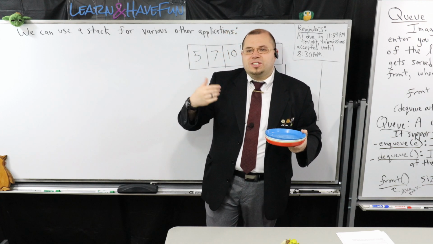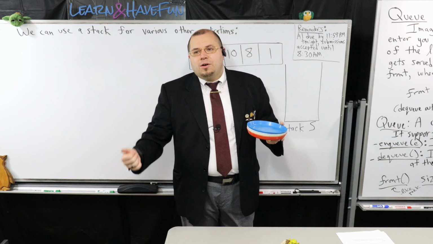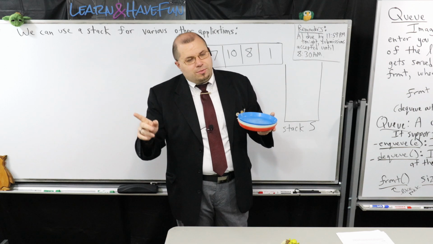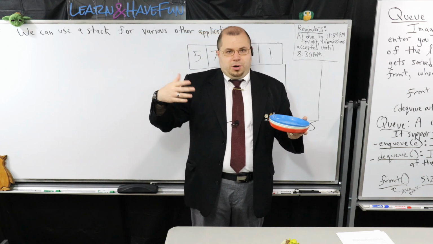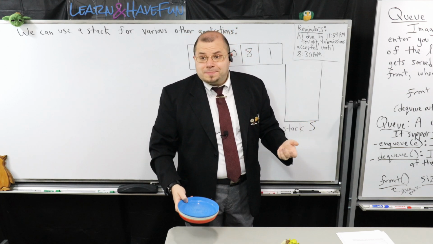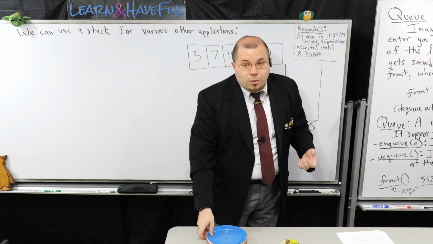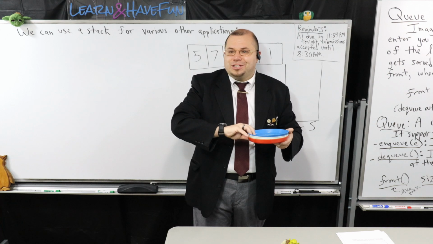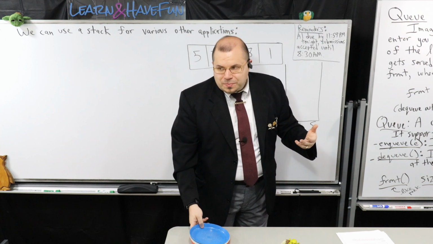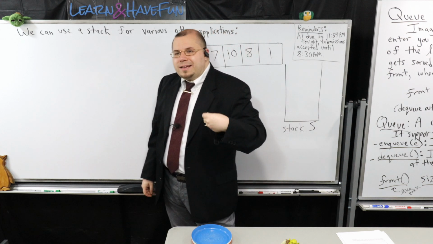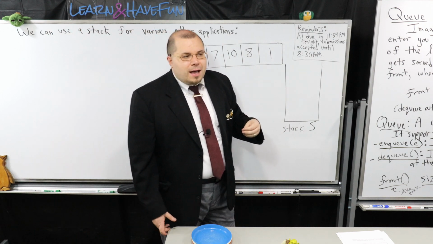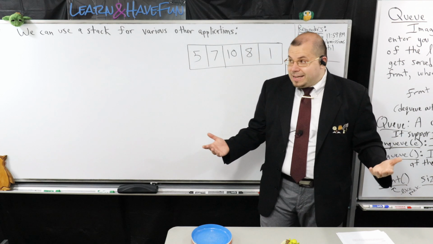We can ask all sorts of questions about the stack, such as how many elements are in the stack? Is the stack empty, meaning it has no elements, or not, meaning it has at least one? We might ask what's the element on the top of the stack without removing it, such as the peek operation, and so on. We've seen some of these operations, and I talked a little bit about how we could represent them, such as using an array versus a linked list.